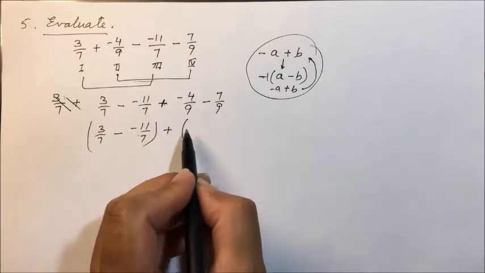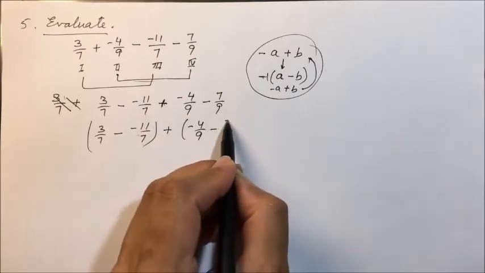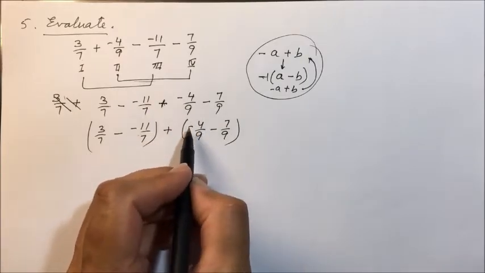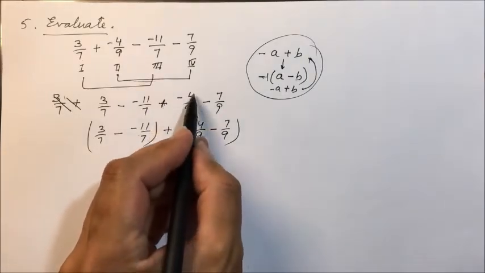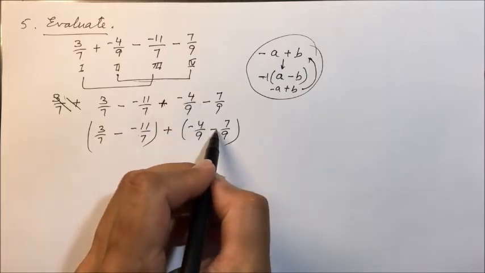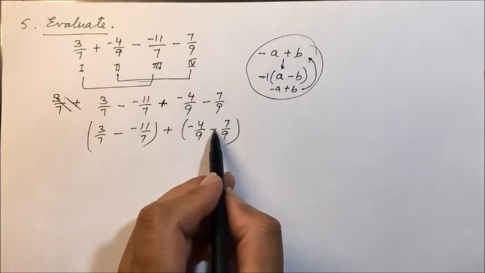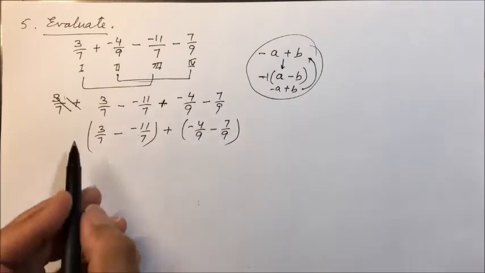So plus minus 4 upon 9 minus 7 upon 9. Now for example, if you open the bracket, we will get plus minus 4 upon 9 plus into plus minus minus 7 upon 9. So there is no need to change the sign when we are having plus outside the bracket.